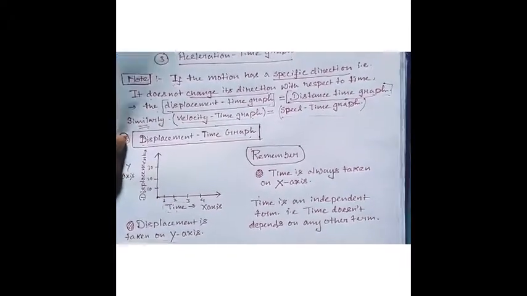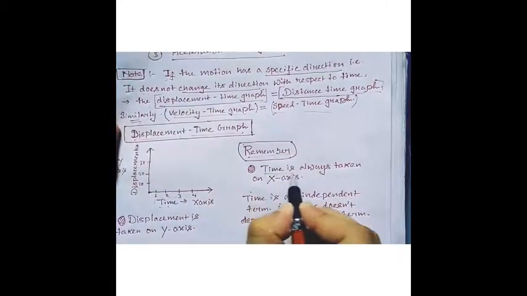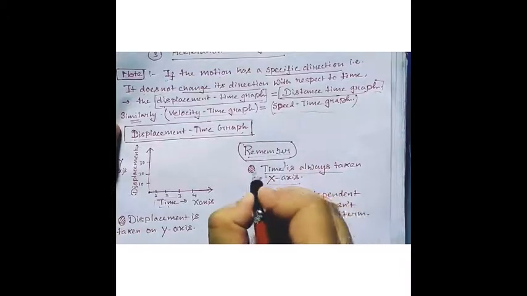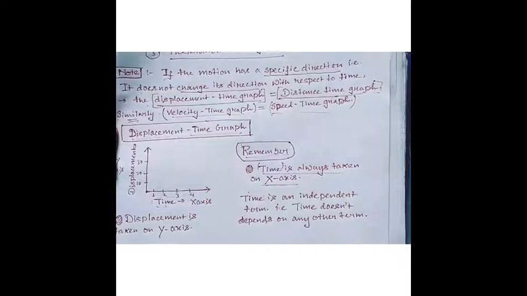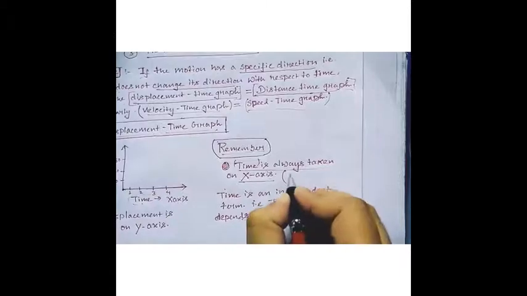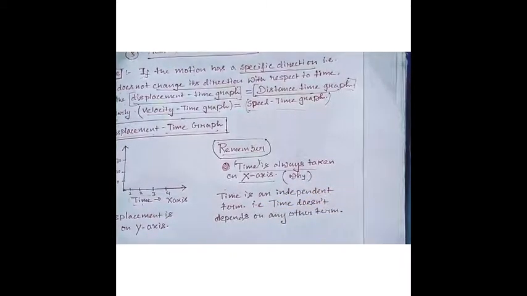There are some points to remember. Remember one thing, that time is taken on the x-axis. There is always a question behind this: why is time taken on the x-axis, and why not on the y-axis?